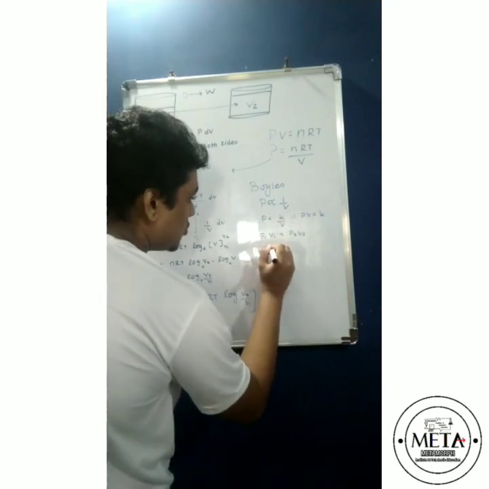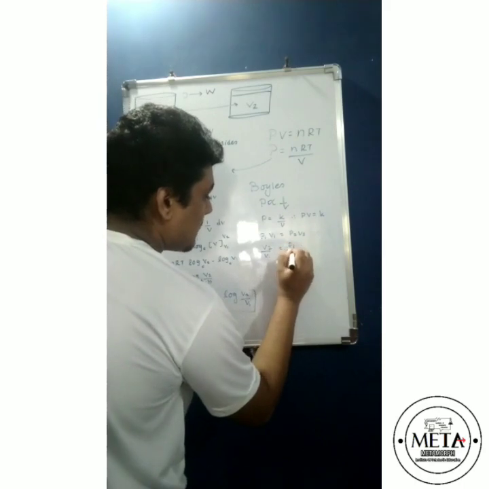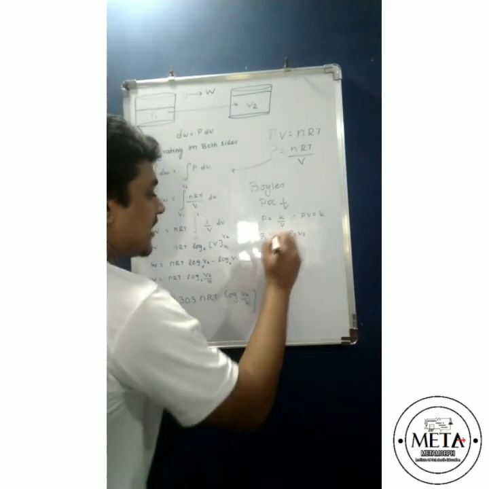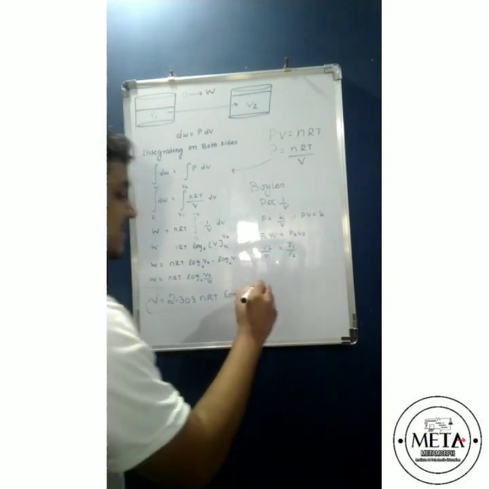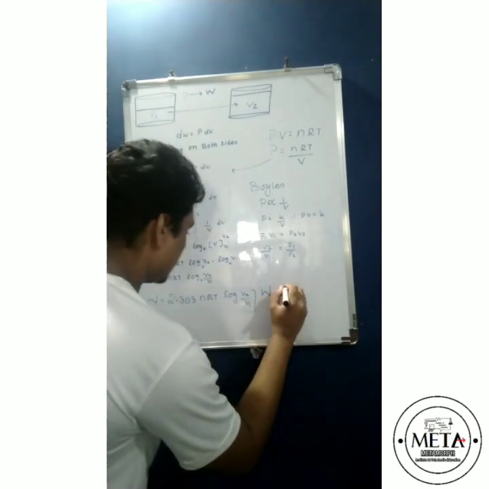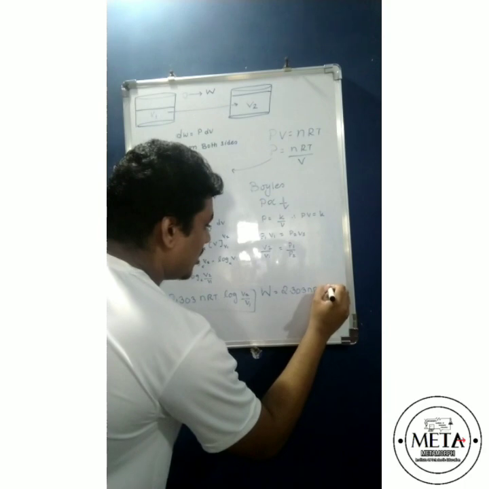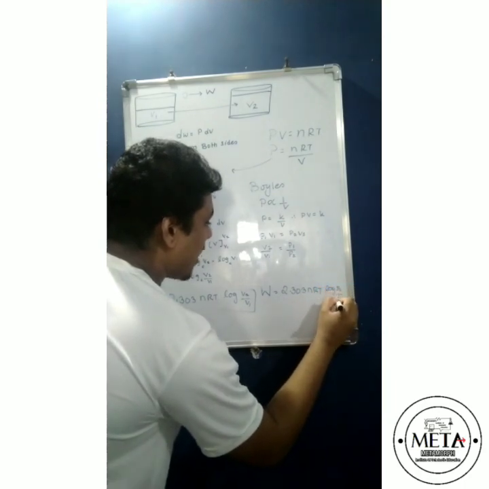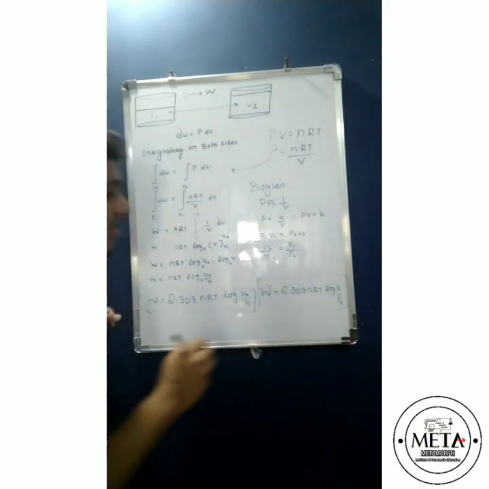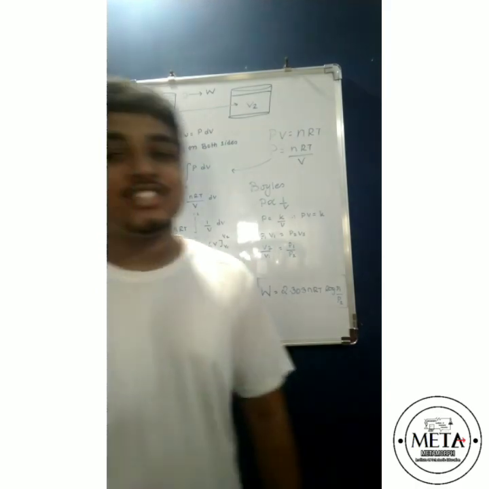So V2 by V1 is equal to P1 by P2. So, if suppose I get two pressures, I can say the amount of work done is equal to 2.303 nRT log P1 by P2. And this is how we find the amount of work done when there's a change in temperature, when there's a change in pressure and there's a change in volume.